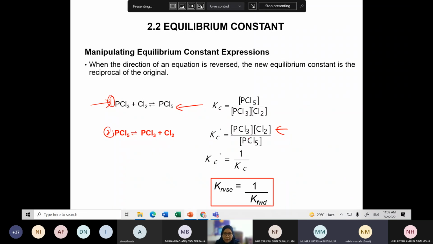So how do we manipulate this? The Kc of the new one, Kc prime, is equal to 1 over Kc. You can simply calculate the value of the new Kc without inserting the concentrations. We can just calculate from the old Kc value, because they are related, it's just that the positions have changed.